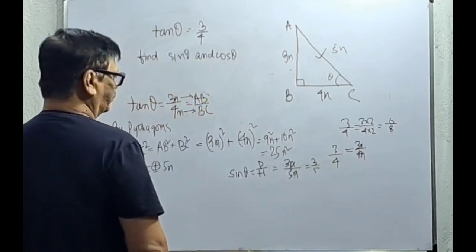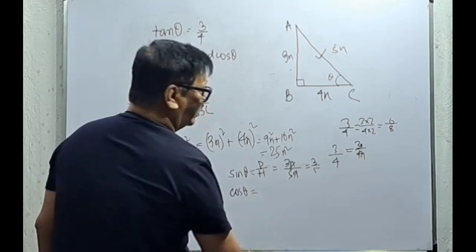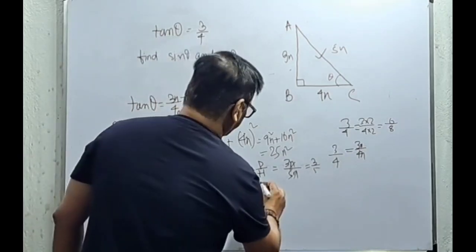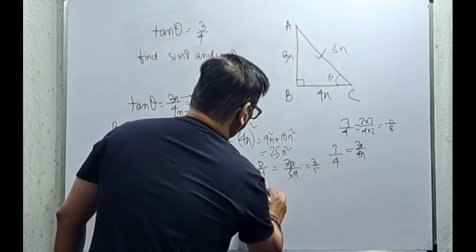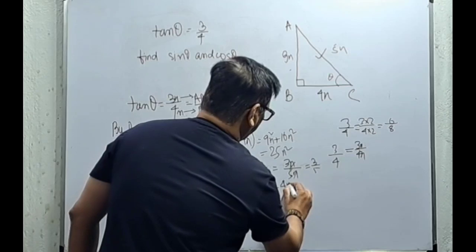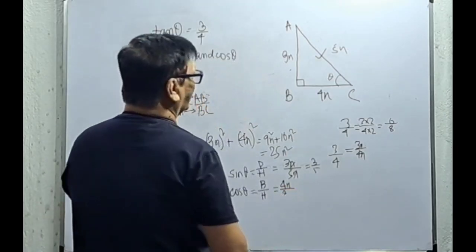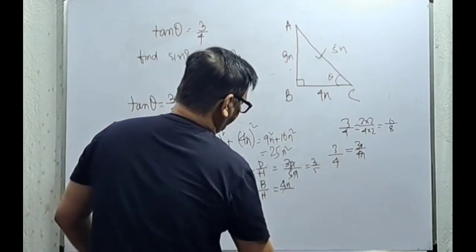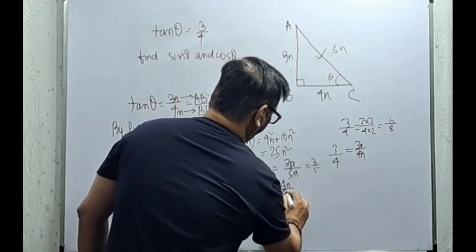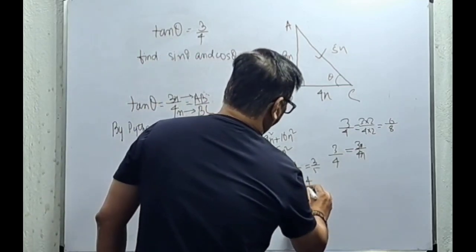Then cos theta is base by hypotenuse. So 4n divided by, sorry, hypotenuse, 5n. That is equal to 4 by 5.